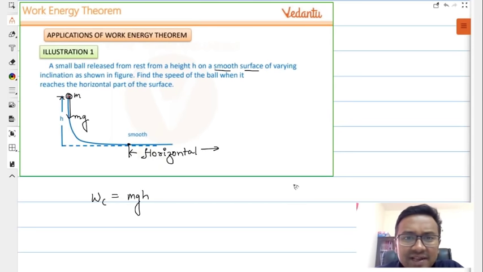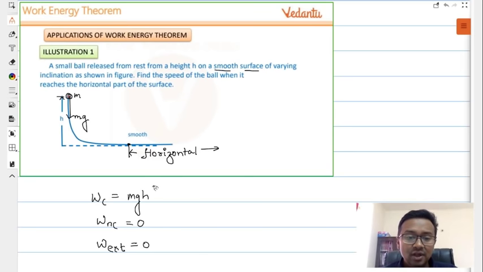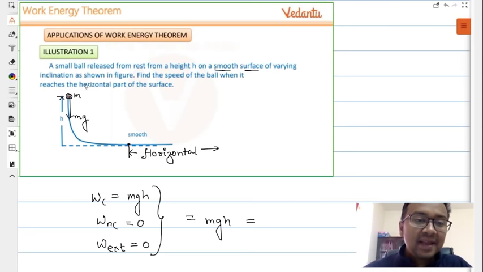And there are no non-conservative forces involved here, so work done by non-conservative forces is 0. Also, there are no external forces involved, so work done by external forces is 0. So adding up all these three, I get just mgh. This should be equal to the change in the kinetic energy. Initially at this point, the velocity is equal to 0.